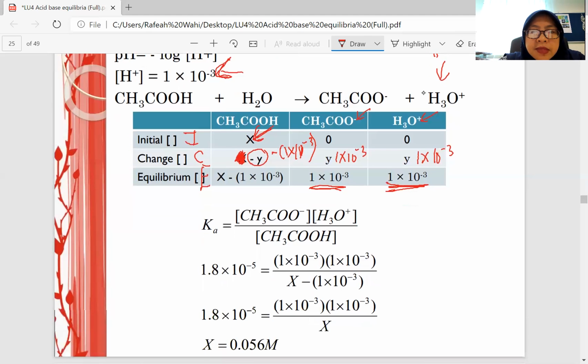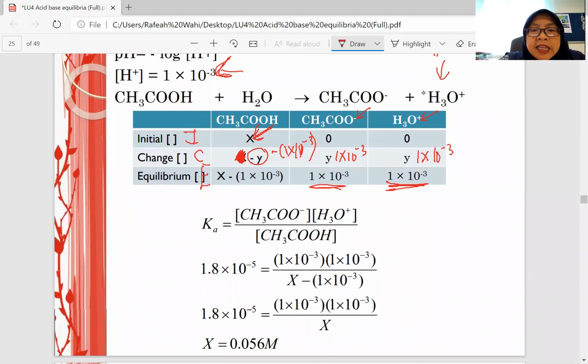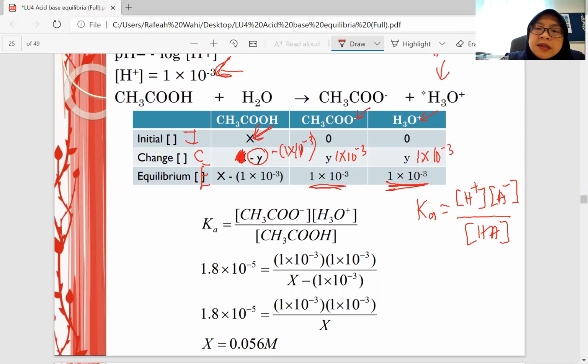So again, going back to the Ka expression, the original Ka expression is like this. I have mentioned this a lot of times today. Ka equals the concentration of H plus ion times the concentration of conjugate base divided by the concentration of the initial acid. So here, replacing all the values into the equation, we already know, given in the question, Ka is 1.8 times 10 to the power negative 5.